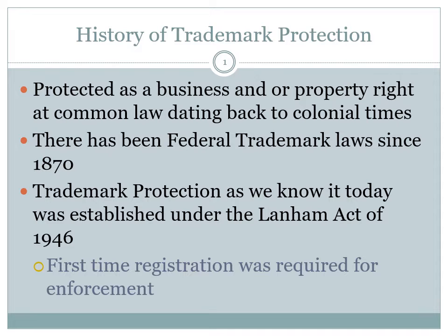So federal trademark laws, as we know them, really started to take shape with the Lanham Act in 1946. You could register your trademark, and that gives you protection not only in the entirety of the United States, but also internationally due to treaty.